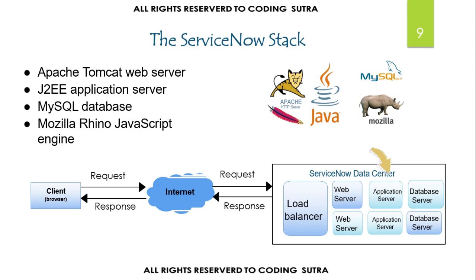The application server performs certain core logic or business logic, then SQL is generated and passed to the database server. Finally, the response is fetched and sent back to the client.